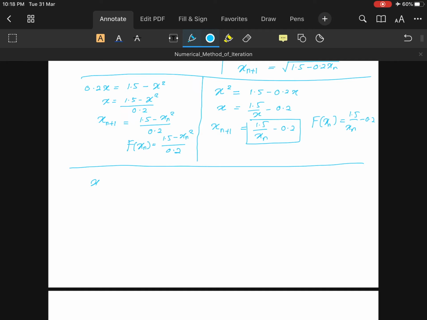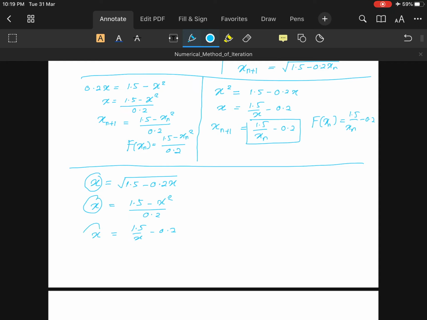For example, x equals the square root of 1.5 minus 0.2x, right? So let me write down first: x equals 1.5 minus x square over 0.2, and also x equals 1.5 over x minus 0.2.